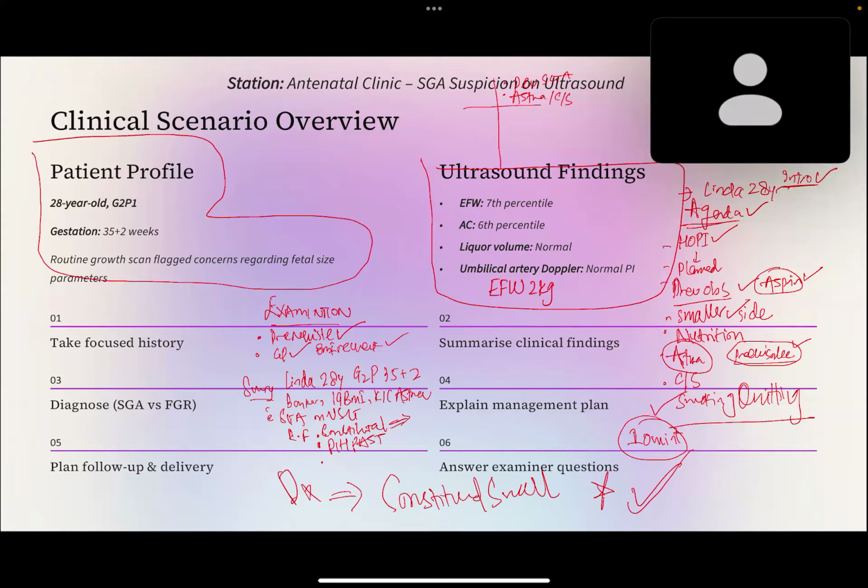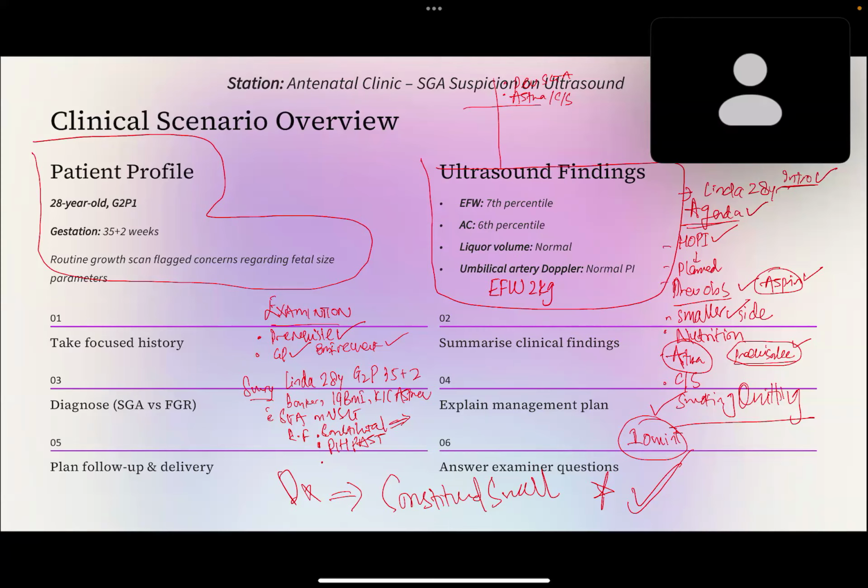As her Doppler is normal, we would do a weekly biophysical profile. Any investigations you want from me? We can do a general health profile. She's B positive.